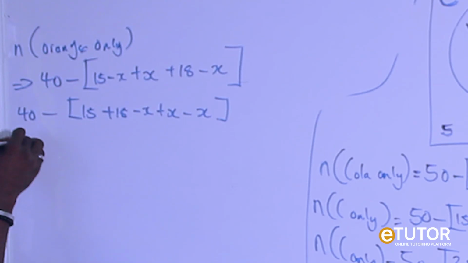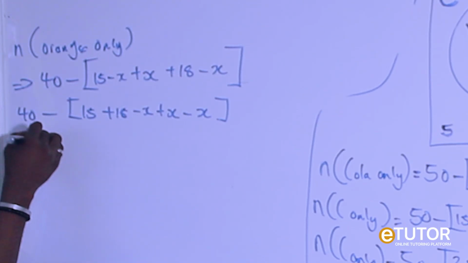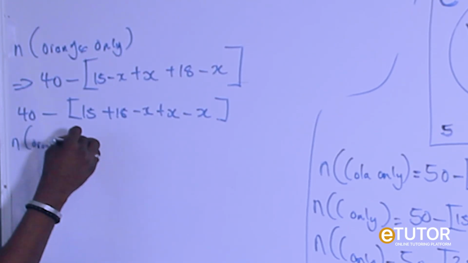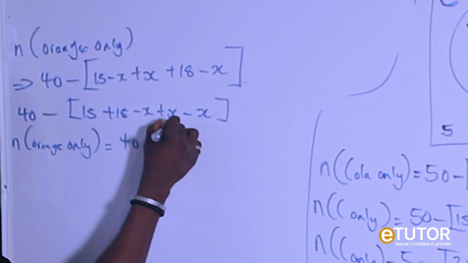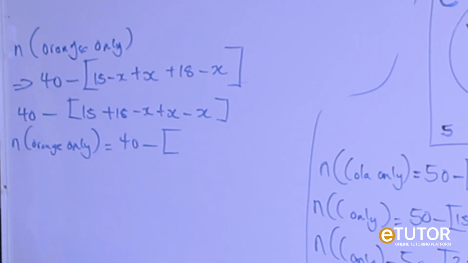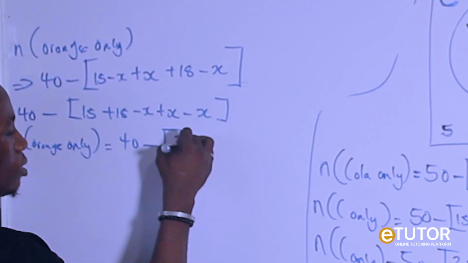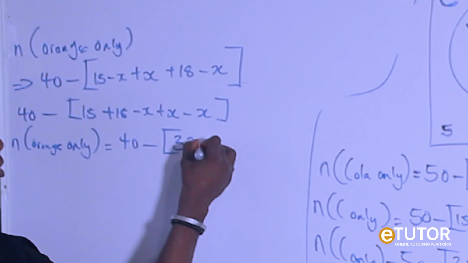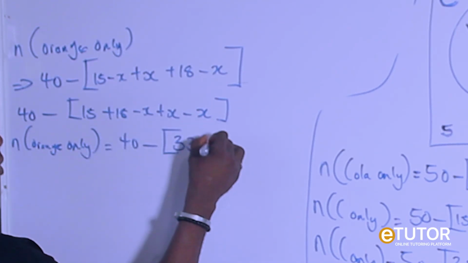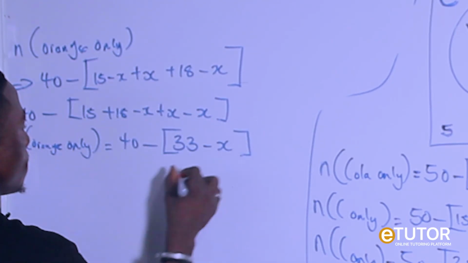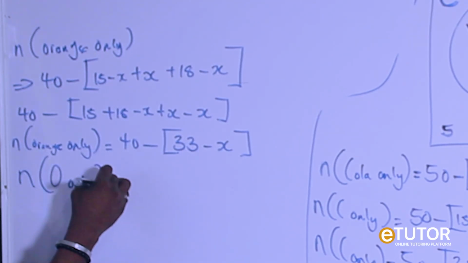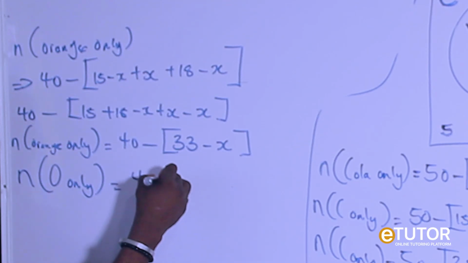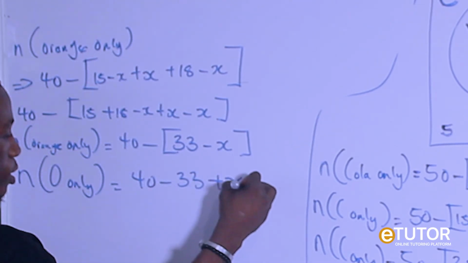So we're going to have n(orange only) is equal to 40 minus 15 plus 18 gives 33. So this will be equal to minus x. So n(O only) is equal to 40 minus 33 plus x.